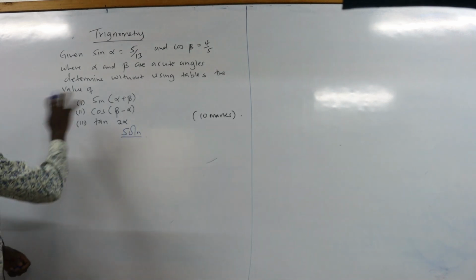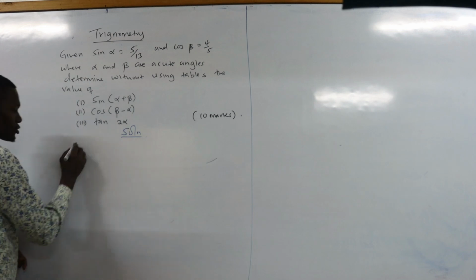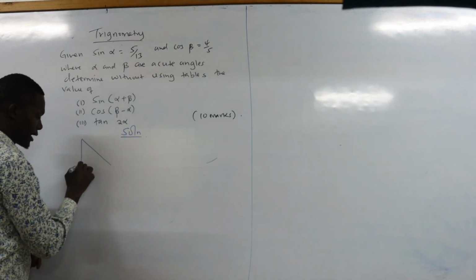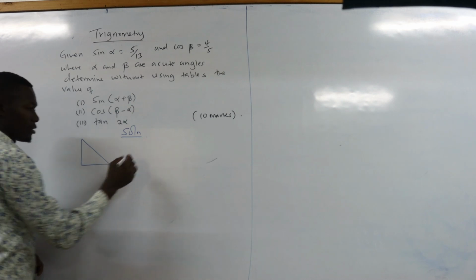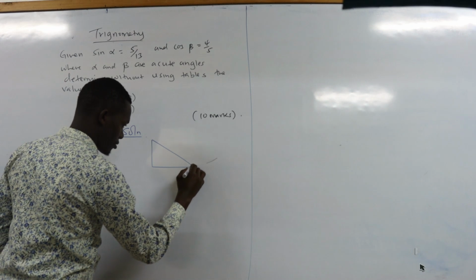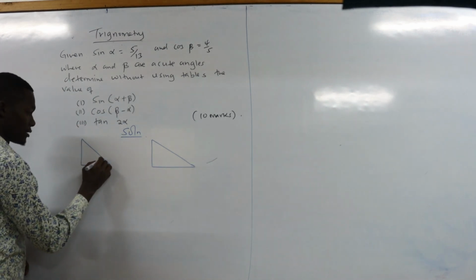Anytime you see this particular question, it just directs you to the right angle triangle. So we shall draw two right angle triangles, and we shall come up with identities of the common trigonometric ratios, that is the sine, cos, and tangent.